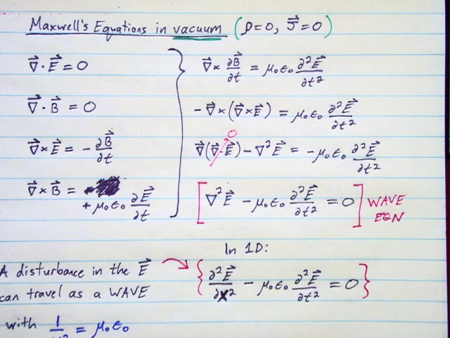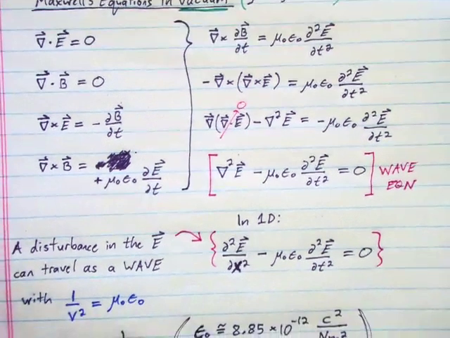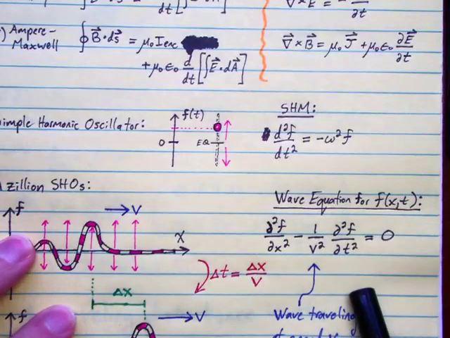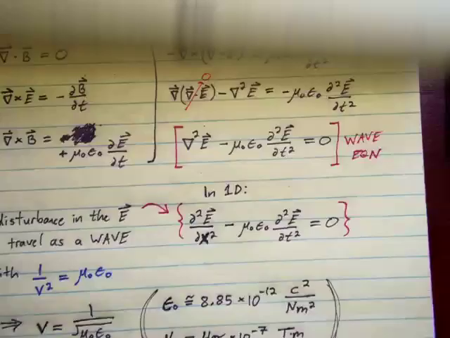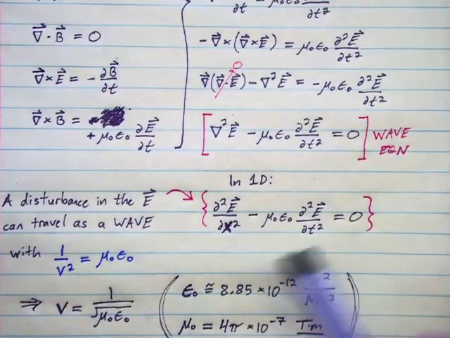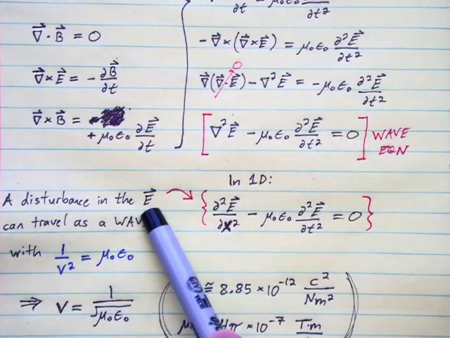Making that replacement, we see that this has exactly the form of that wave equation I cited here. So we're showing that Maxwell's equations can exhibit wave-like behavior, or a disturbance in the electric field can travel as a wave.